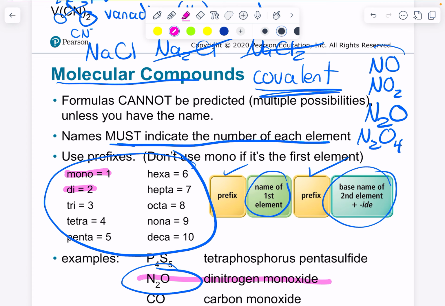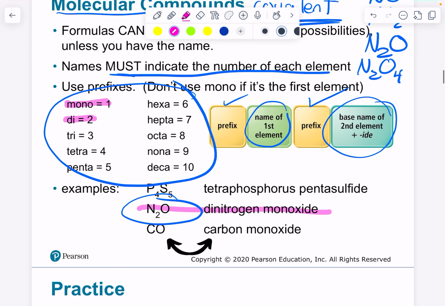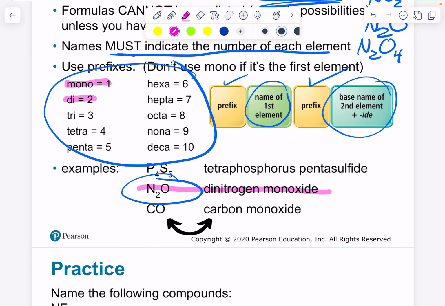So dinitrogen monoxide. Technically we say monoxide without the extra o, but whatever, you're not going to mess that up because even if you said it that way, I'm going to know what you're talking about. And it's not like the spelling is going to be wrong enough to be an issue. Okay.